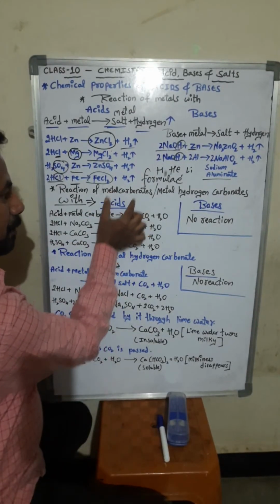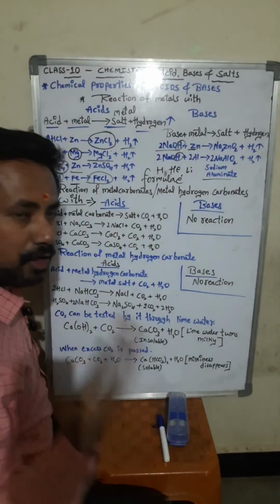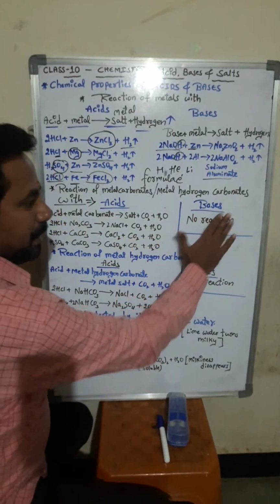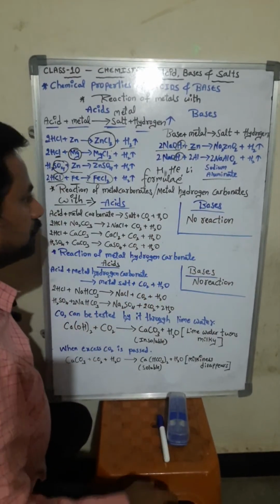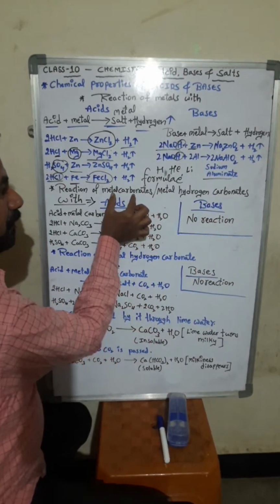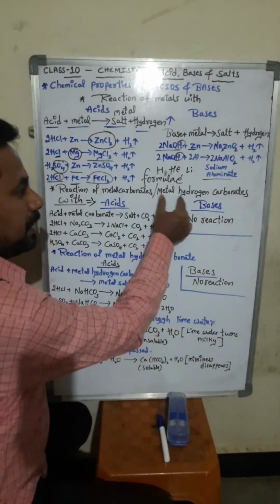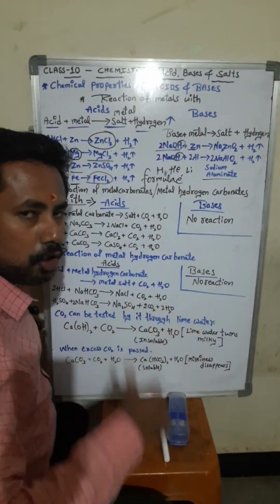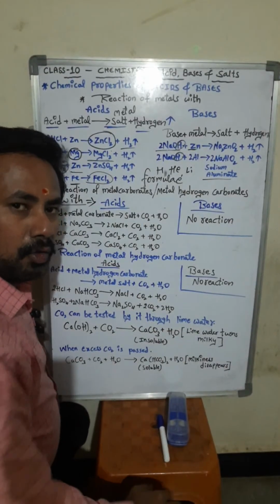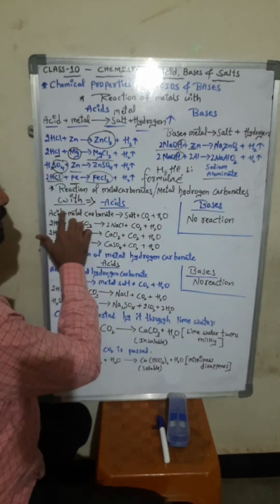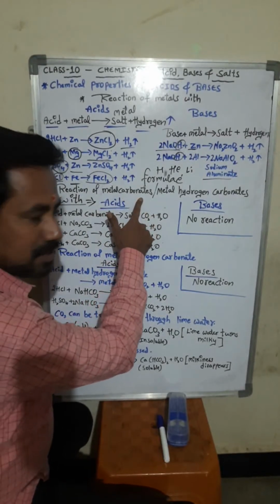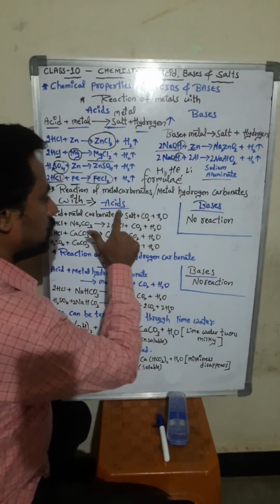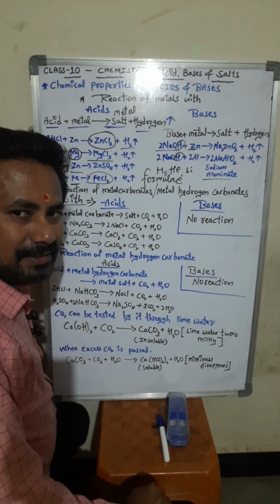When metal carbonate reacts with acid, what will form? See here, bases, no reaction. Bases will not react with metal carbonates or metal hydrogen carbonates. They are not going to react. Only metal carbonates will react with acid. Metal hydrogen carbonates react with acid.